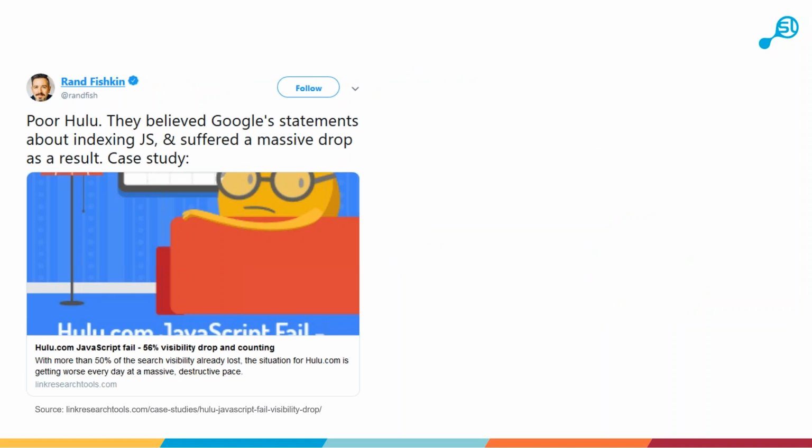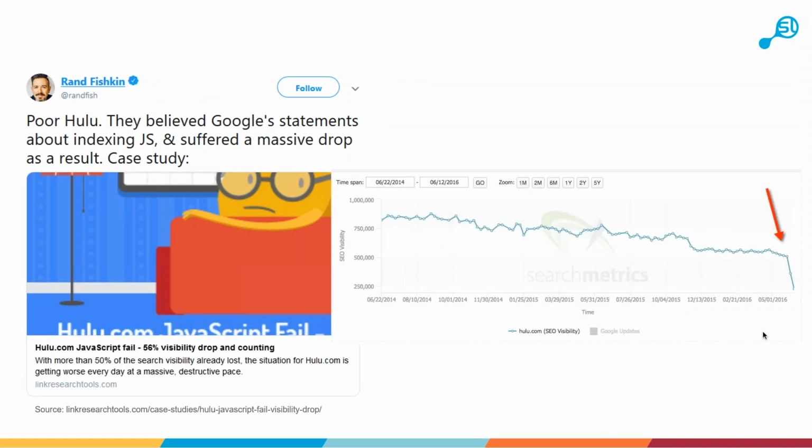They implemented a change back in 2016, which meant that they lost 50% of their visibility. And obviously, with those things, we want to avoid that at all costs. So without testing and understanding how JavaScript works, it's really, really hard.